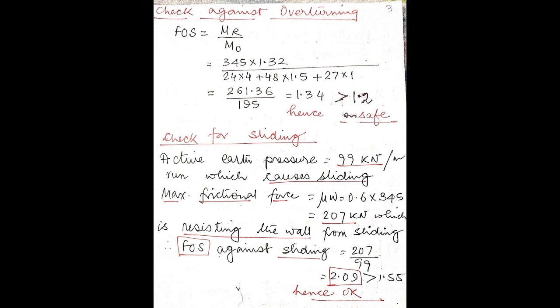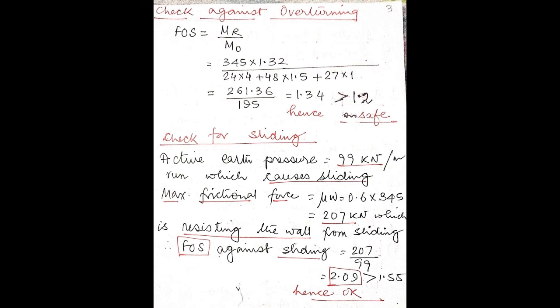So 345 into 1.32, again we are taking moment about the point C. And what is MO? MO we have already found out, that is 24 into 4 plus 48 into 1.5 plus 27 into 1, that gives us 195. So the ratio of these two comes out to be 1.34. So it is more than 1.2. Hence the retaining wall is safe against overturning.